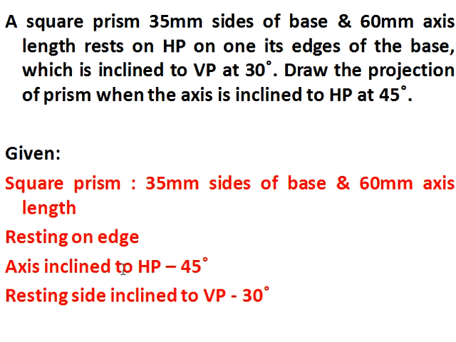In second step, we'll consider inclination with respect to HP in every problem, or else axis inclination. So here inclination with respect to HP is 45 degree. In last step, we'll consider inclination with respect to VP, but identify whether to rotate axis or resting side. In upcoming video, we'll explain how to solve this problem.